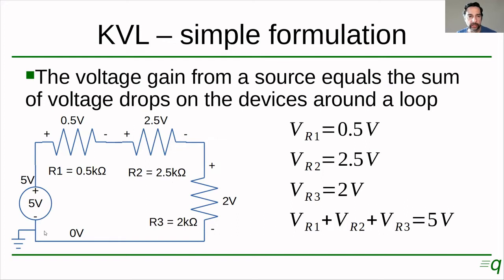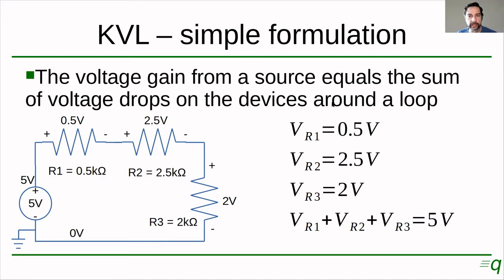If we go through this loop from this point all around back to this point, we start with 0, and we gain 5 volts because of this voltage source. And then voltage is going to drop on this resistor 0.5 volts. Then it's going to drop another 2.5. And then it's going to drop another 2. And when we go back here, we're back at 0, right?